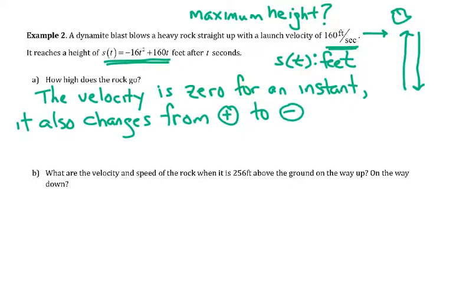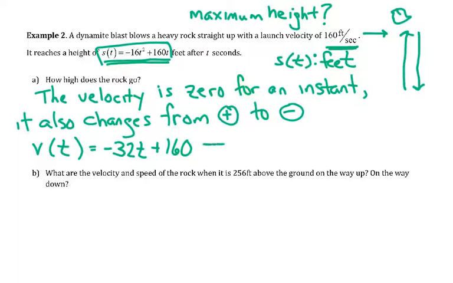So let's see what the velocity function looks like. Remember, it's the derivative of this function. So velocity is negative 32t plus 160. We set that equal to 0 and solve for t.